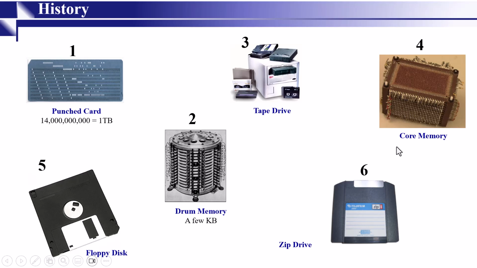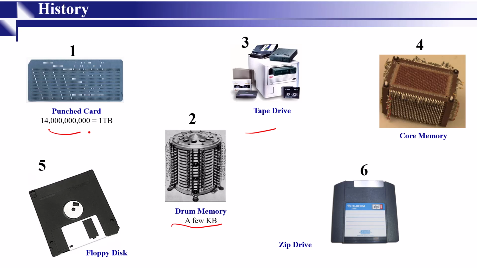Let's go back to the history. Computer storage has evolved significantly over time. Early systems used punch cards and drum memory, followed by tape storage and floppy disks. Later, zip drives became popular before modern storage solutions emerged. What are punch cards?